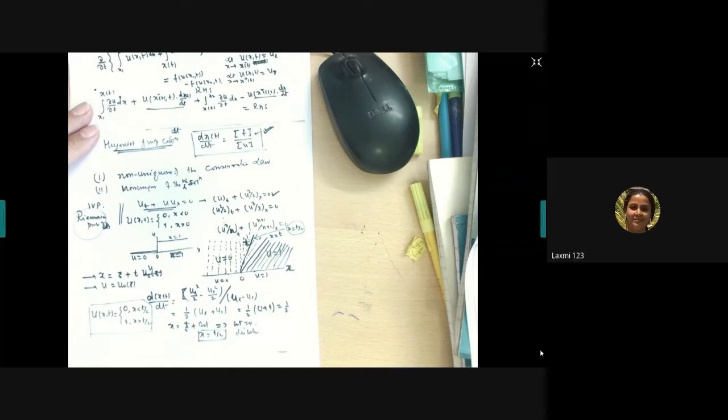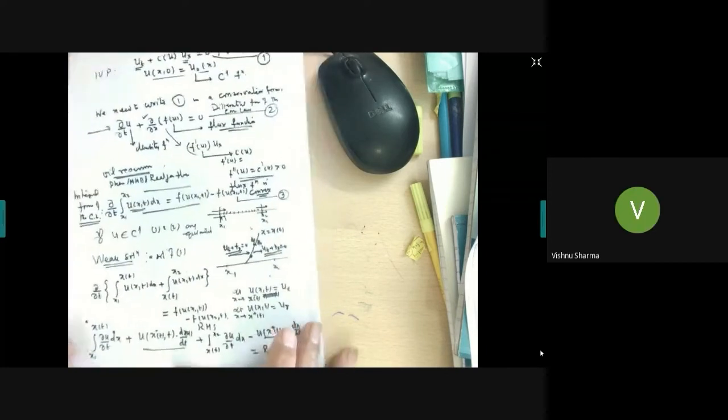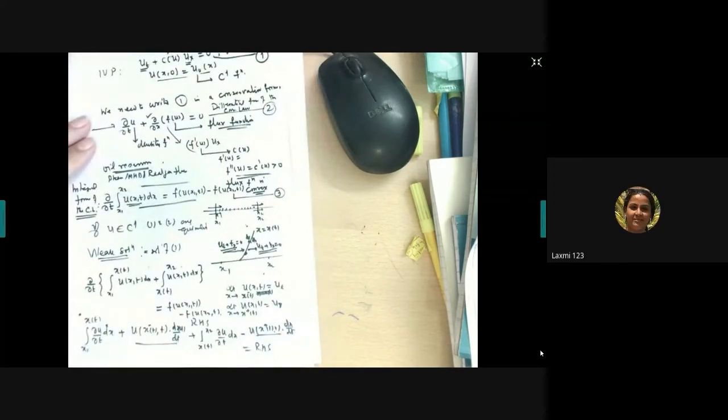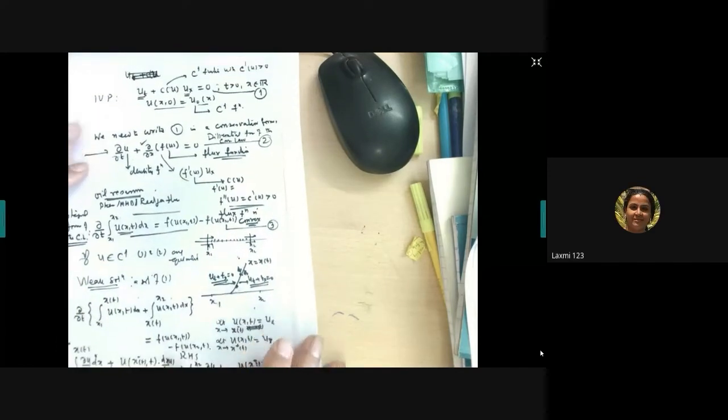But in this case, u is prescribed in such a way that it must have some discontinuity on some line. For the earlier one, the weak solution made sense because we expected a differentiable solution, and suddenly the differentiability conditions break down, so after some time we are left with the weak solution concept. But here we are looking for a weak solution, a non-differentiable solution, from the start.